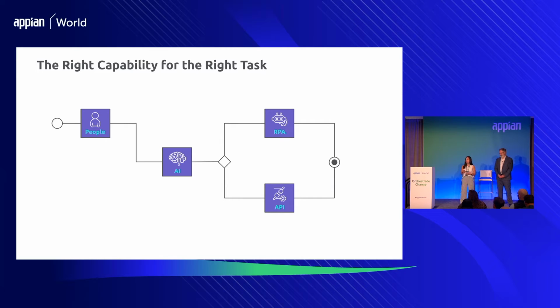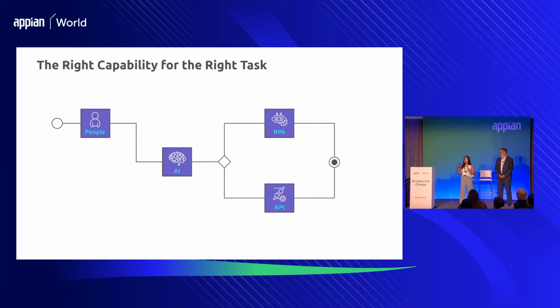But with Appian, you can pick from any of our automation tools and pick the right digital worker for the right strength. So for instance, if your problem relates to updating data in an external system that has modern APIs, great. You can use a call integration to call the API. If your problem involves extracting data from documents or classifying them, use our AI skills because those are strongest in doing that.